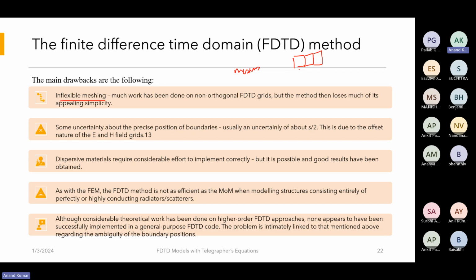Your code solves it in such a way that these are cuboidal, and people have tried doing other kinds of geometries, but they have not been very successful with FDTD. And because they are cuboidal or square, they do not accurately model curved spaces or, for example, spheres.